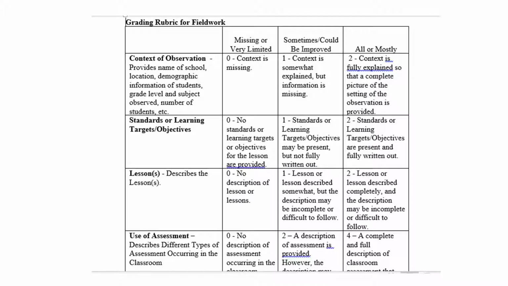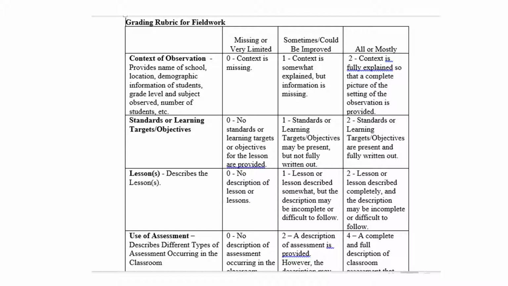And so if you left out some of that information, well, first of all, if you didn't write any of that, you would get a 0 points. If you left out some information, but you included some, I would give you 1 point. If you pretty much fully explained it all, I would give you 2 points for that. So you can step right through the rubric and see what you have to do to get full credit.